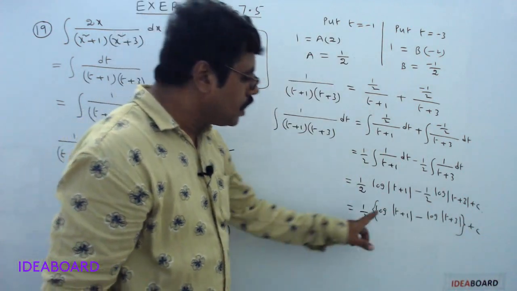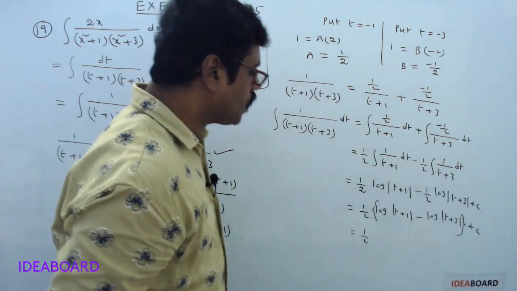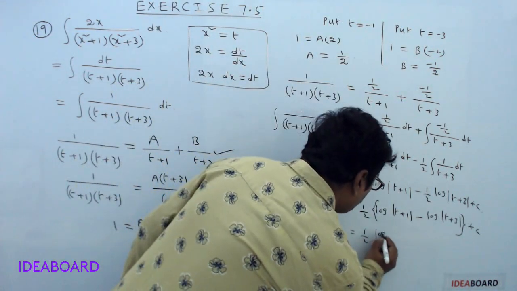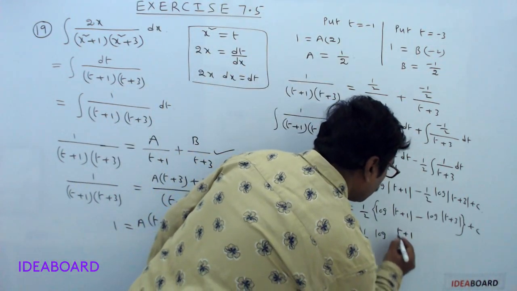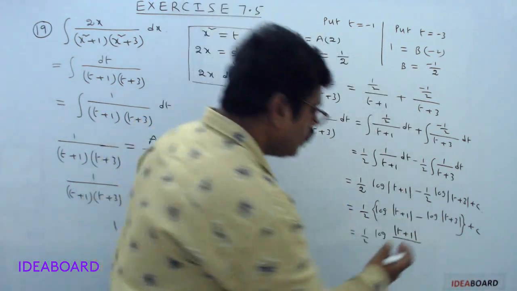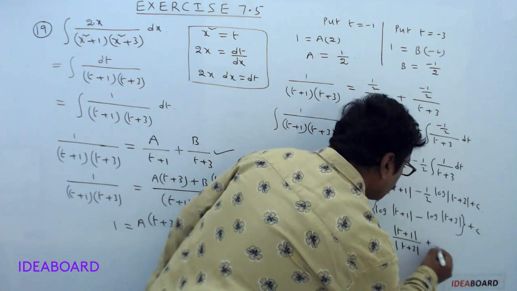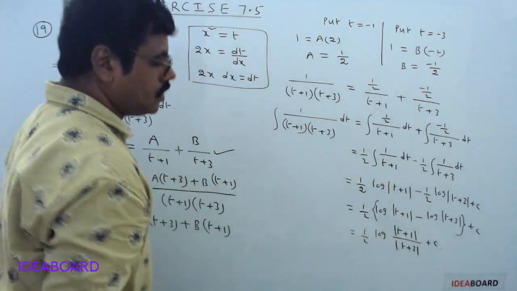What is its property? Log of a divided by b. So use that property. So a is mod of t plus 1, b is mod of t plus 3, plus a constant c.